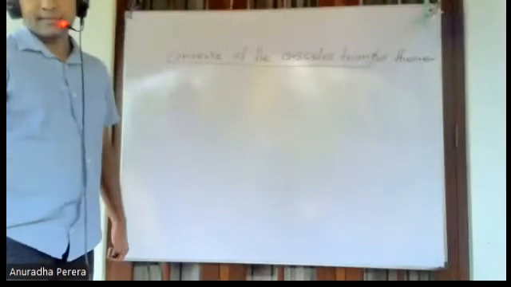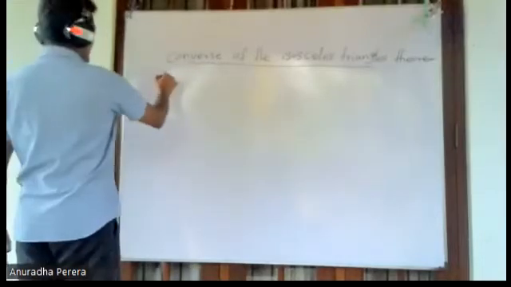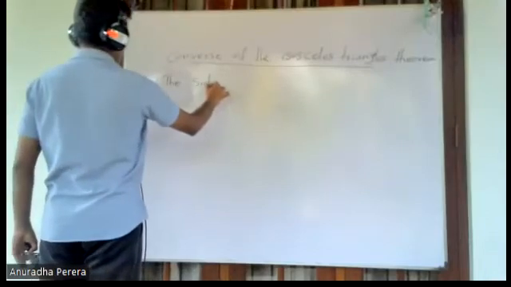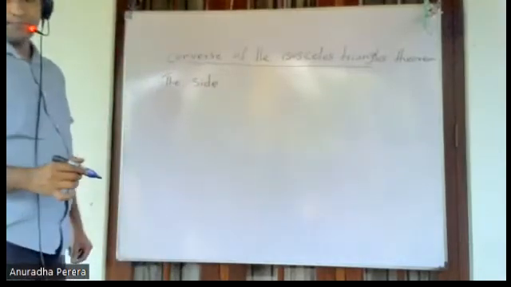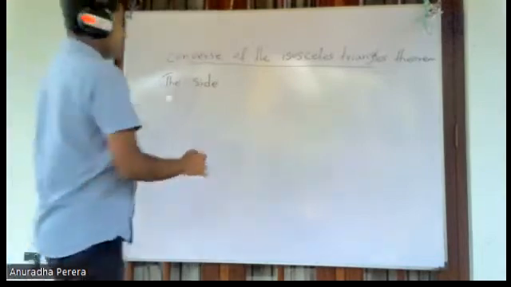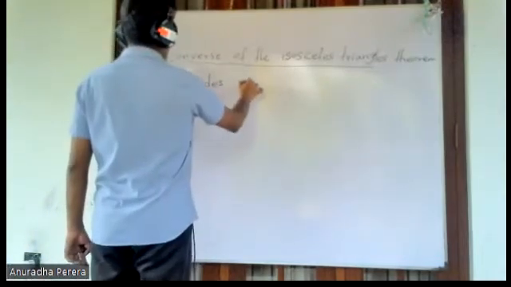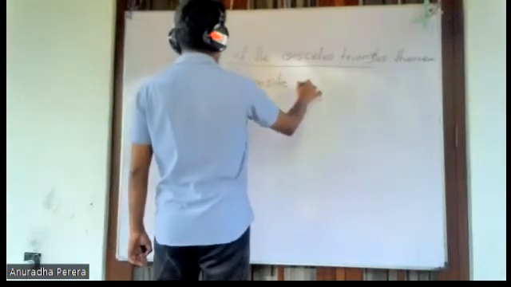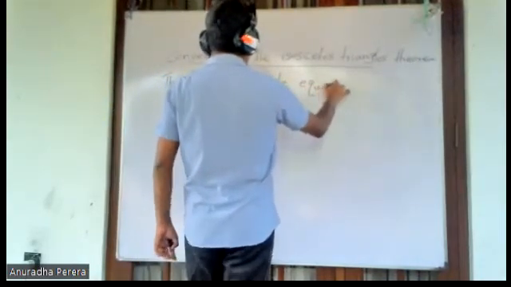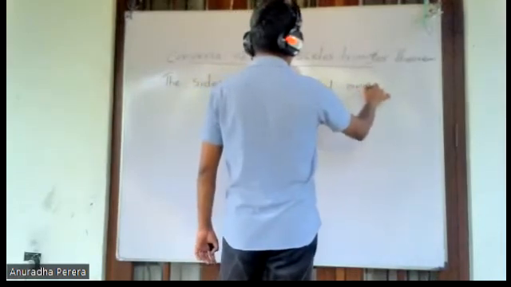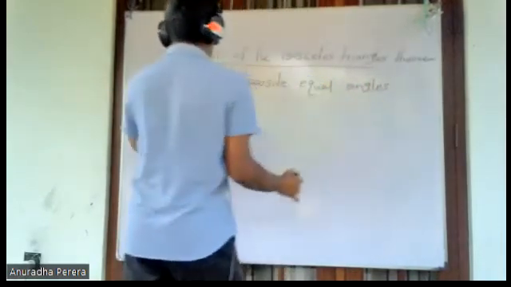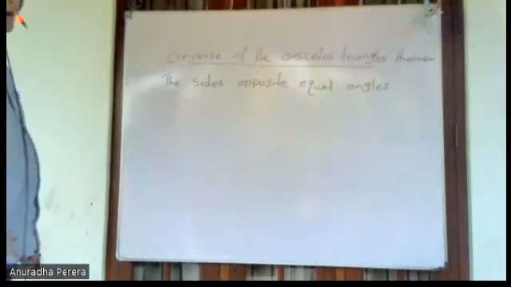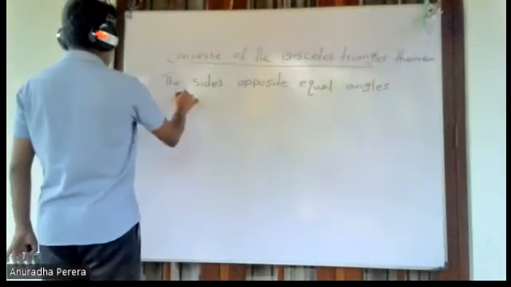Write down: the sides opposite equal angles of a triangle are equal.